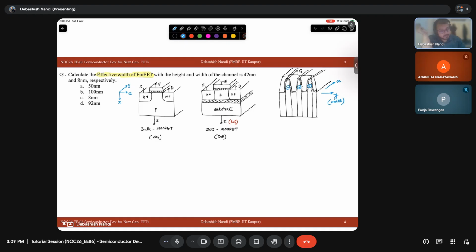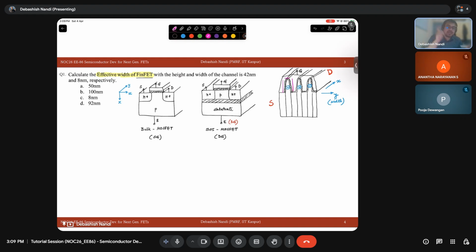So your source and drain will be, let's say, on this side source, and on the other side, into the plane, the currents are flowing. So this is one, this is two, this is three.